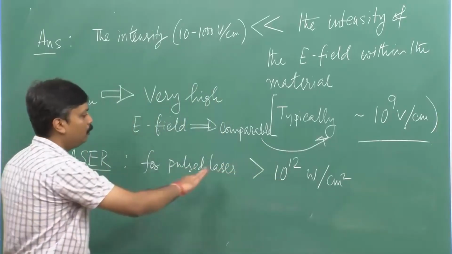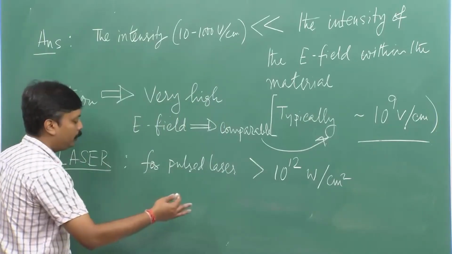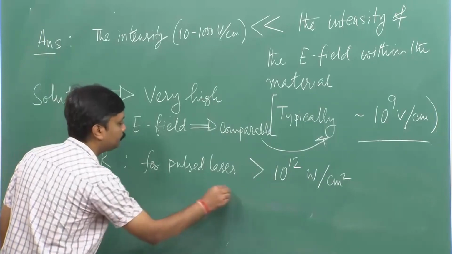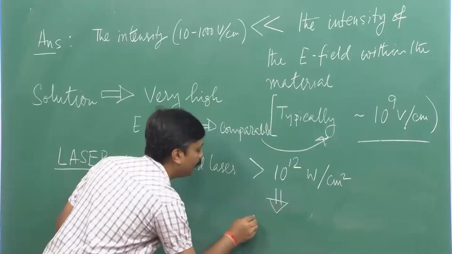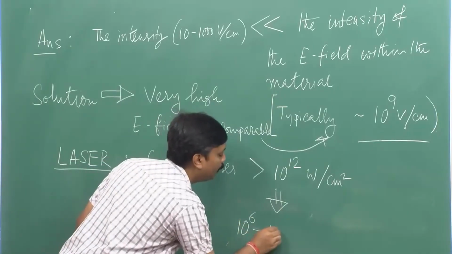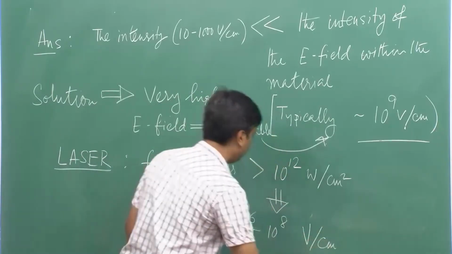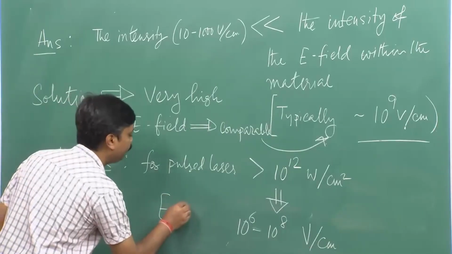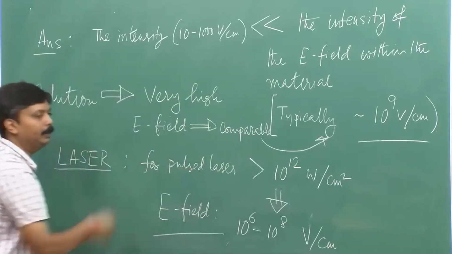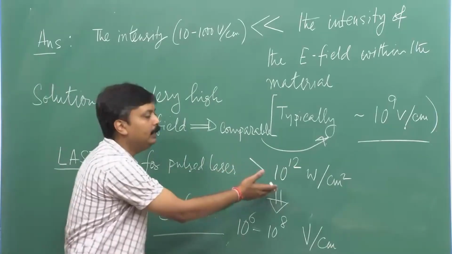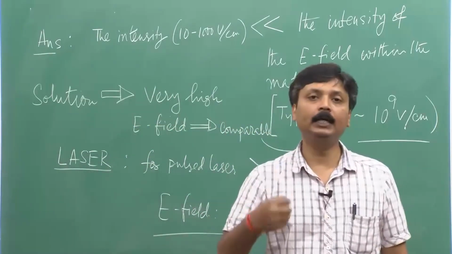Now, these numbers will transform into an electric field intensity. This number will be approximately 10 power 6 to 10 power 8 volt per centimeter when I consider the electric field amplitude of the same beam, and I can increase it much more. At least we can focus it and increase the intensity.